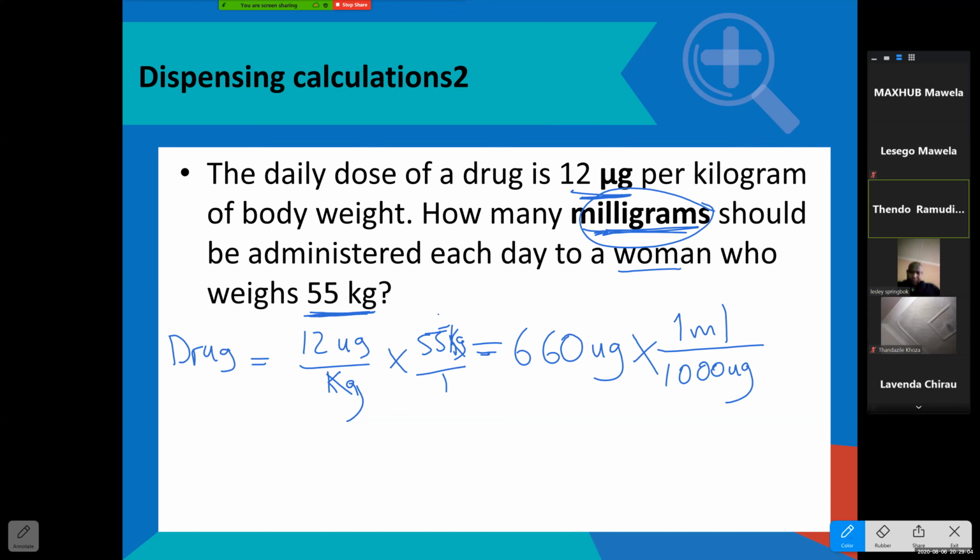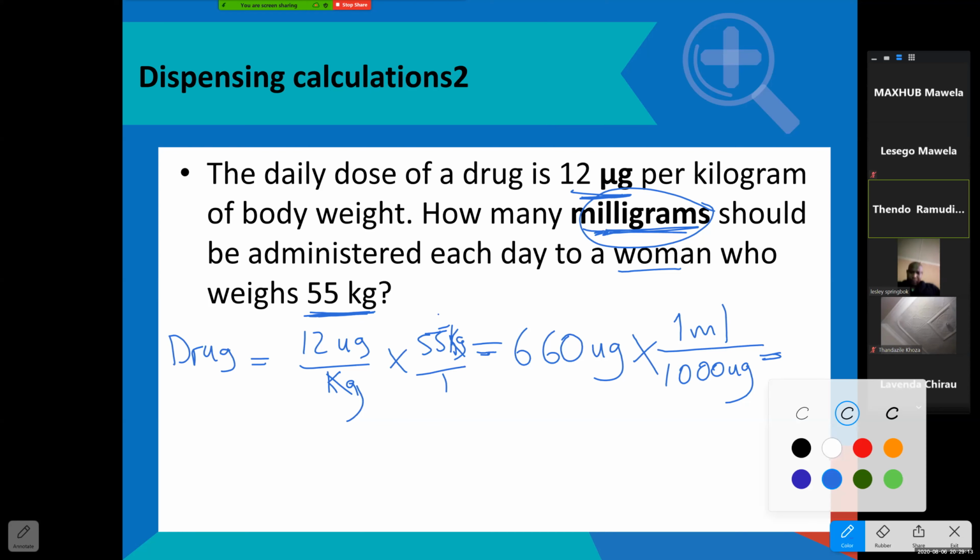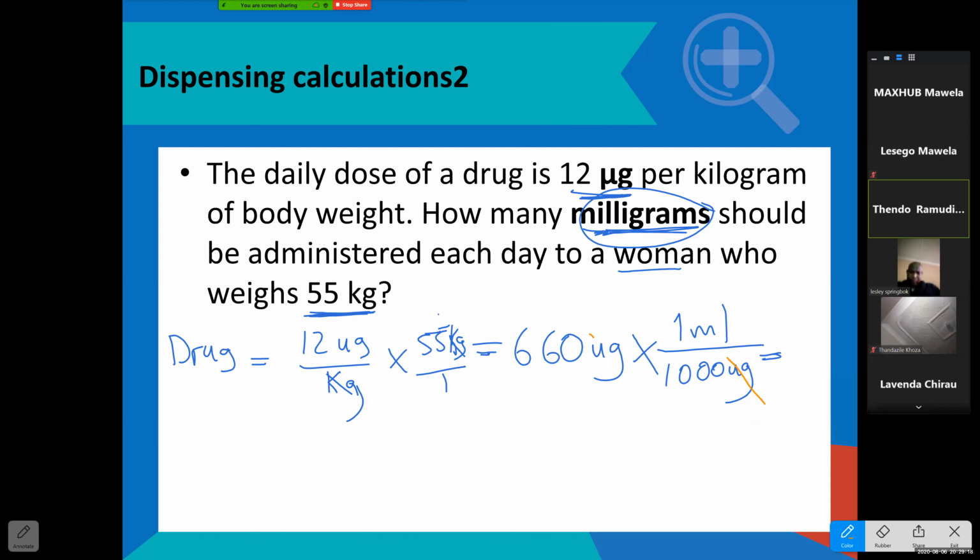Remember, at the end, the micrograms must cancel each other so that your answer becomes in milligrams. So the microgram will cancel the microgram, and then 660 times 1 is 660. It doesn't change.